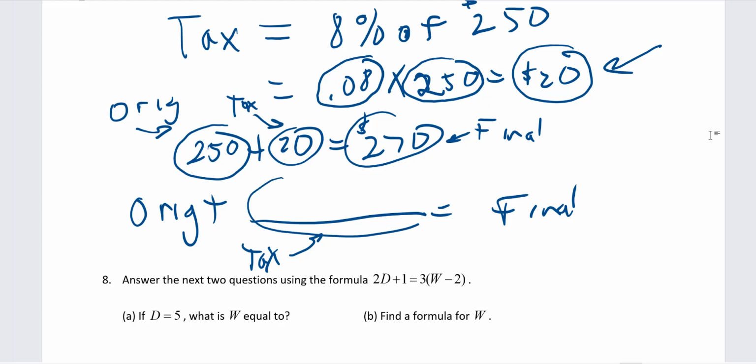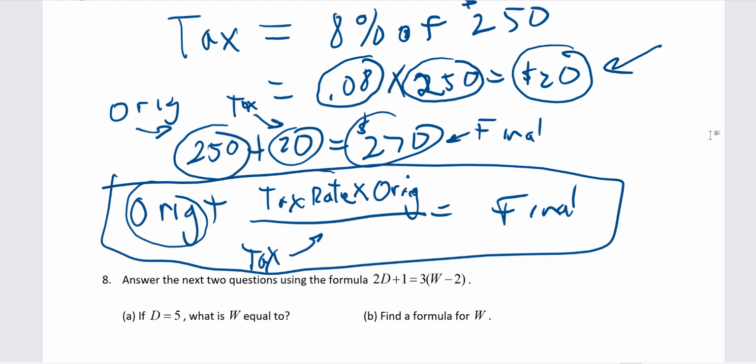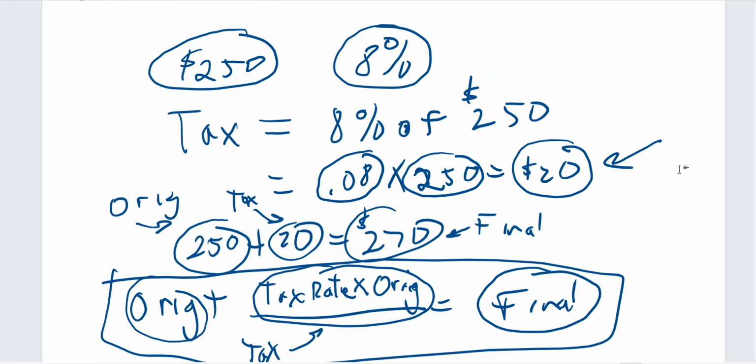So the number that ended up on this line, the $20, came from the tax rate multiplied by the original price. This is our formula we're going to use to solve the actual problem we're supposed to solve. It's always going to be true that original price plus tax rate times original price equals final price. So we're going to use that formula to solve our problem.